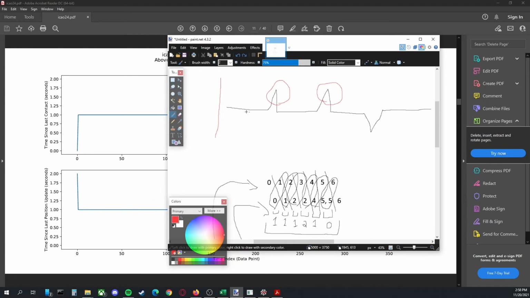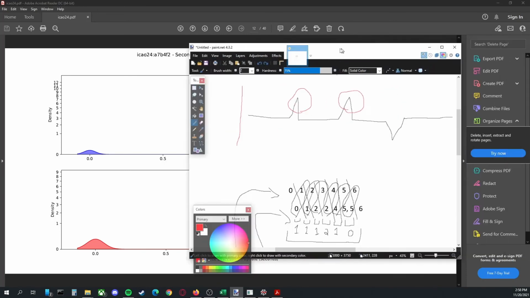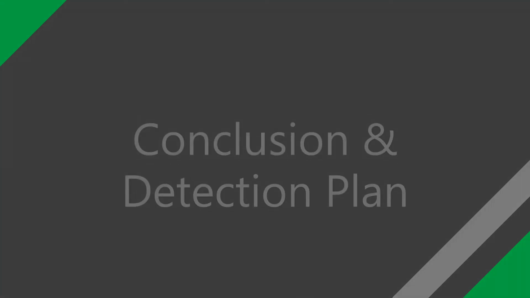So what we need to do is figure out that average, which is easy to see using this plot. And then we need to detect any data points that have a larger than average delay between them. So if the average delay is 1 second, anything up here in this region would be a dropout. And anything below this region would be normal or a duplicate packet like it is right here at this dip.